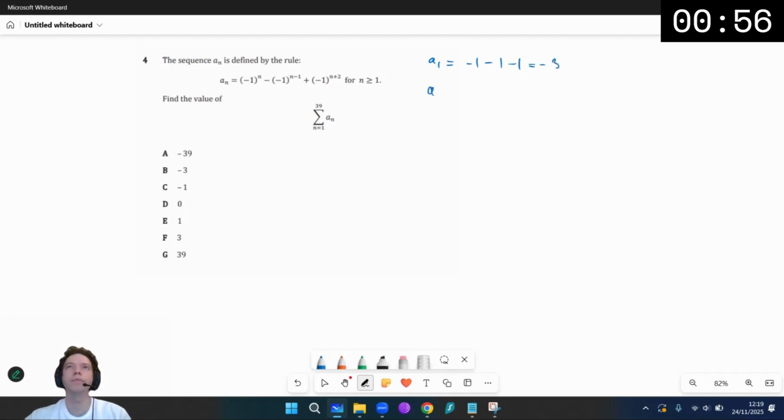So -3. Then a_2 will be 1, minus -1, and then (-1)^4 is a +1, which is 3.